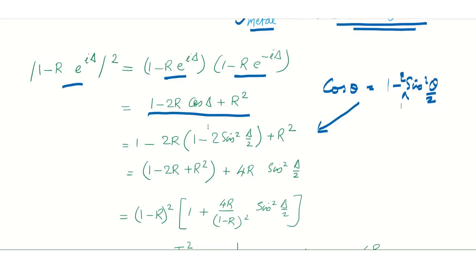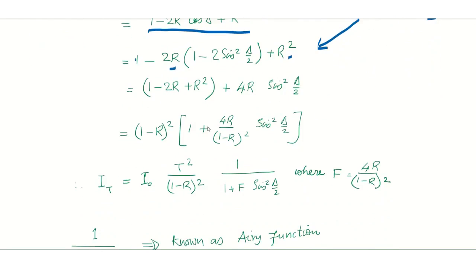Then if you do this simplification, you get 1 plus r square minus 2r plus 4r sine square delta by 2.